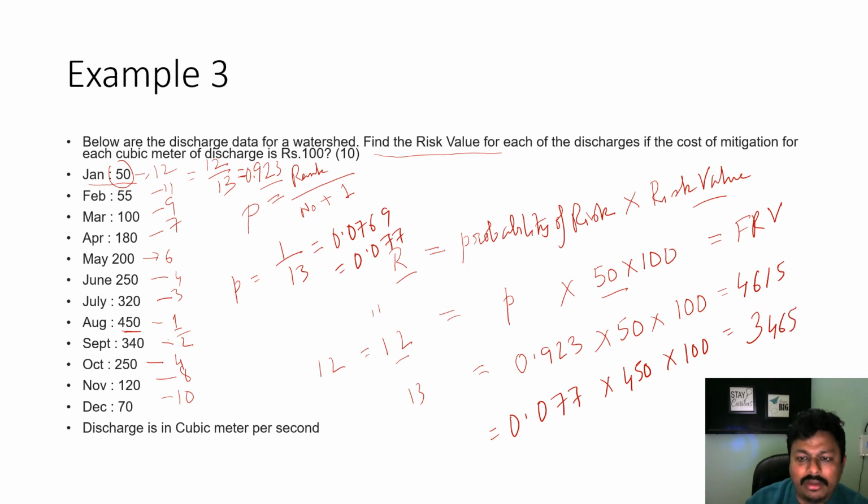And similarly, this is your final risk value. So similarly, you will find the final risk value of Jan, Feb, March, April, May, June, July, August, September, October, November, December, and then you will add all these final risk values.